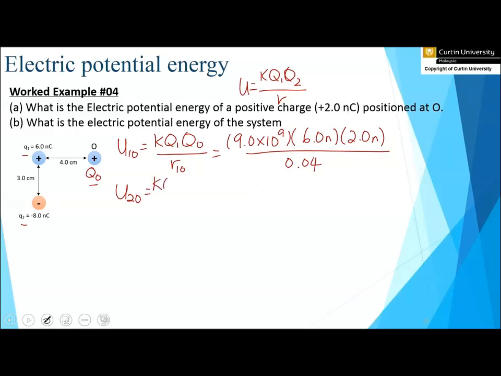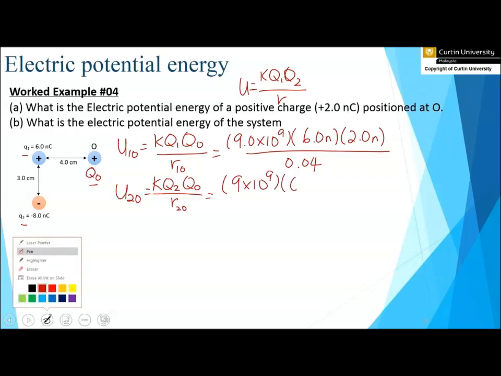So it's equal to K Q2 QO divided by R2O. For this one, you have to include the negative sign.